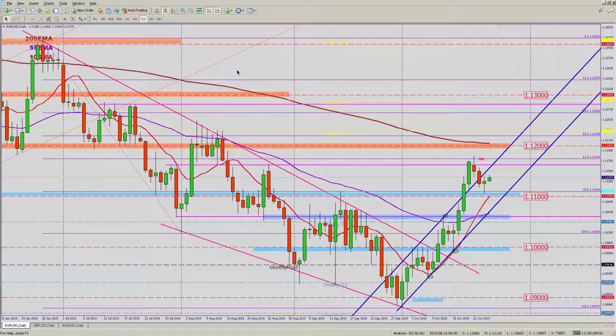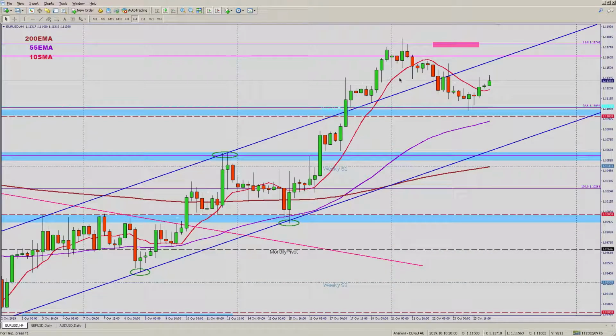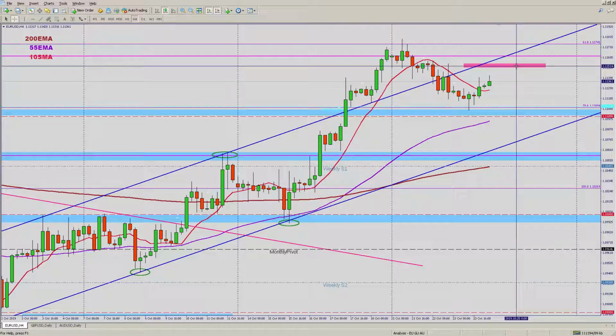Let's take a look at the 4-hour time frame. So this previous intermediate resistance, we can probably lower it down to this spike high level here. It's probably the intermediate resistance now around the 111.50 level.